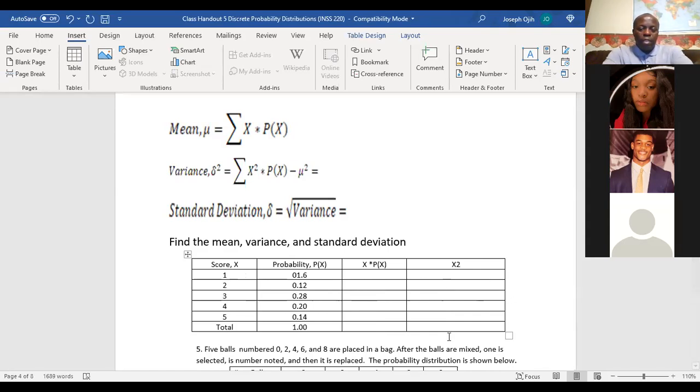Okay. Let me see if I can extend this time on the Zoom. Let me see if I can extend the time. Okay. So time is almost up.